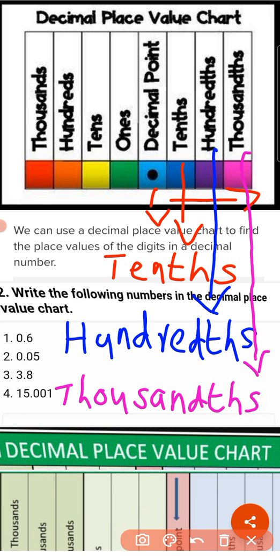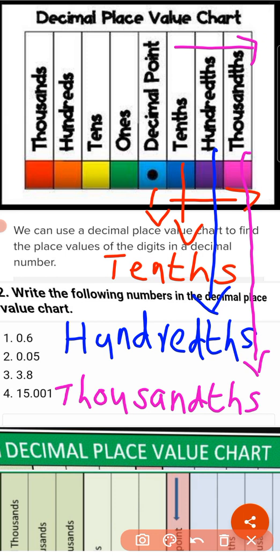So children, the decimal part starts from the right side of the decimal point. The part on the right side of the decimal point is the decimal part.